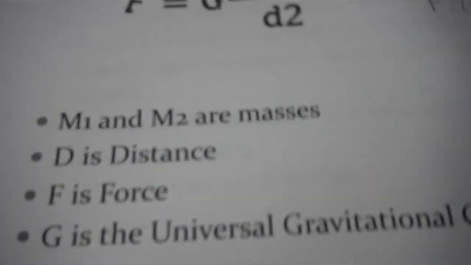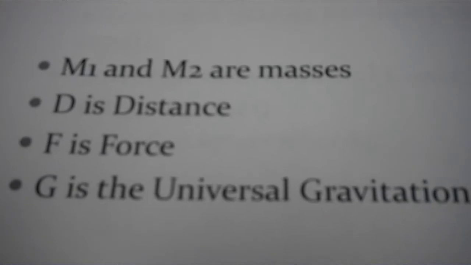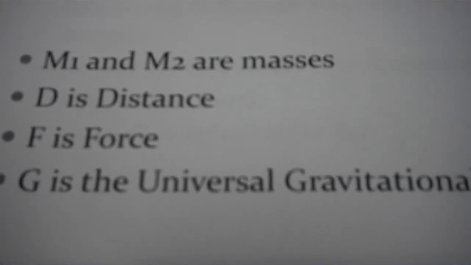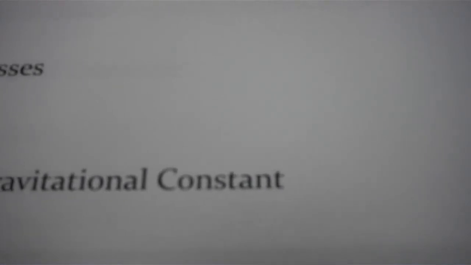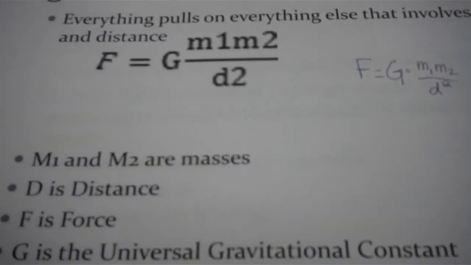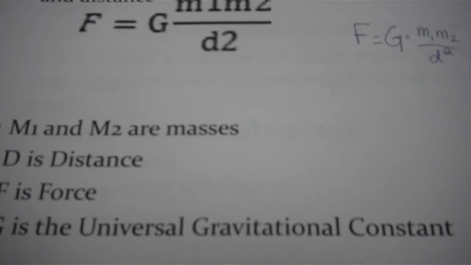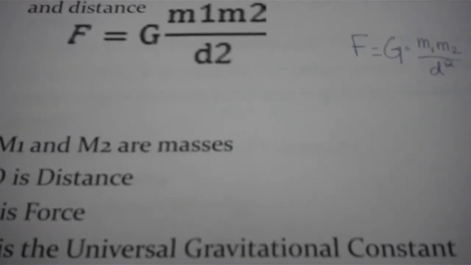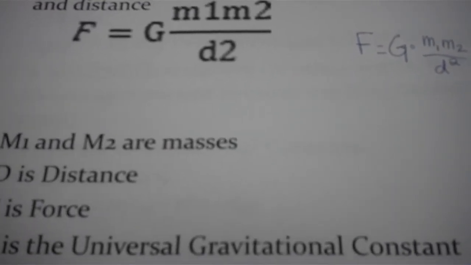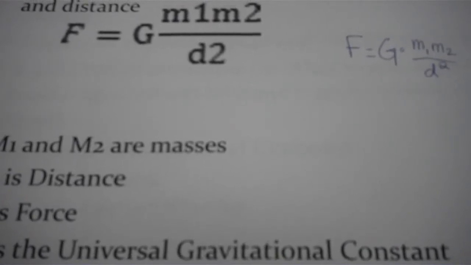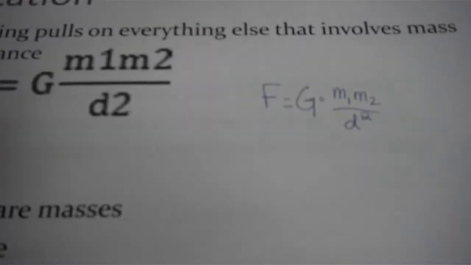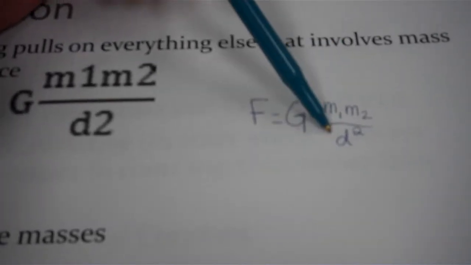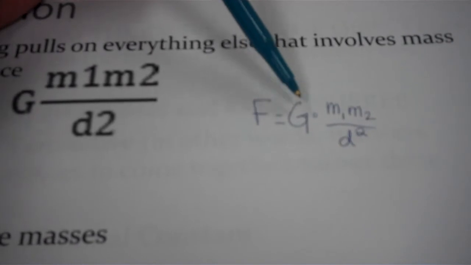Okay? All over d squared, where m1 and m2 are the masses of the two objects in question, d is the distance, F is the force, and G is the universal gravitational constant. You're like, what is a universal gravitational constant? Well, basically, when Newton was trying to figure out the relationship between two masses and how gravity was impacted by that, he got a really good relationship between these masses and the squared distance, but it was always off by a certain number.